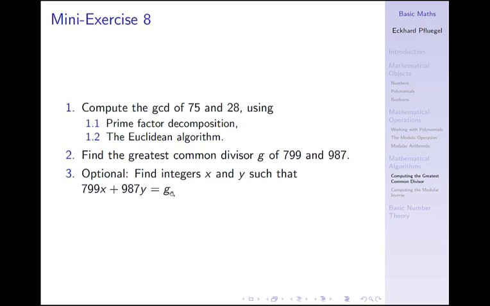It's non-trivial to hope that that would be the case, but you can show that such numbers will always exist and that they're actually unique. If you look carefully when you run the Euclidean algorithm, you can fabricate those numbers. We'll come back to that later when we practice the extended Euclidean algorithm.